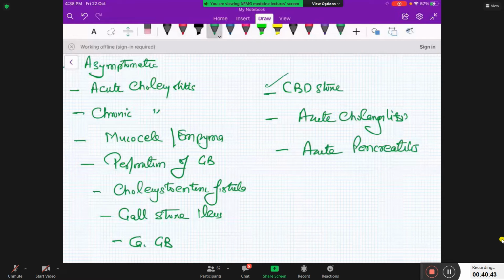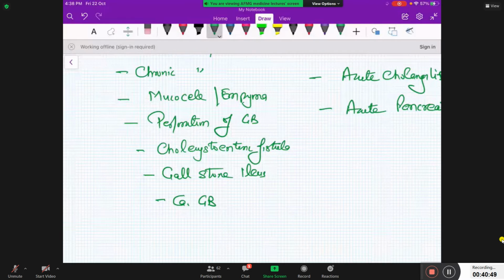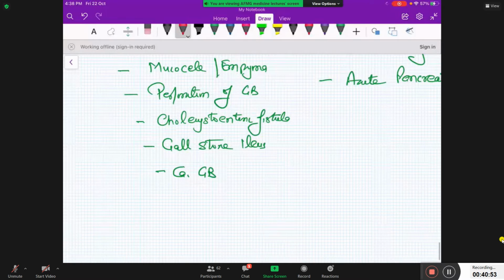अभी करेंगे बात आएगा. Now, once you have a gallstone, now can anyone tell me, once there is a gallstone, what are the treatment options we have for treating gallstones?